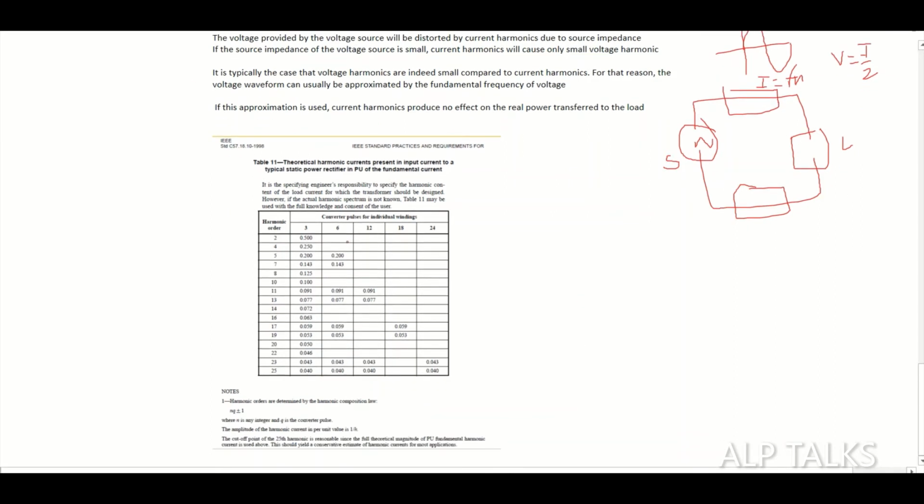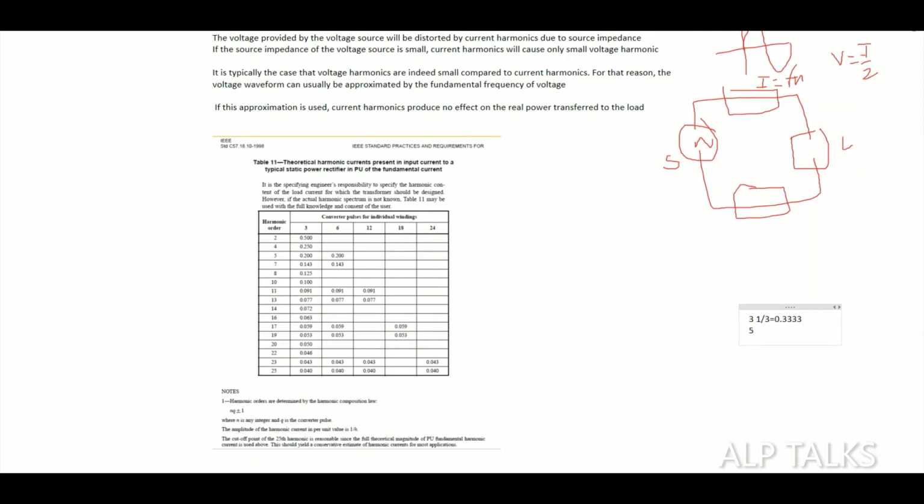In IEEE we have one standard format of different harmonics, what the harmonic profile will be. For example, without going into too much detail, what IEEE says is, if it is the third harmonic, the magnitude of the third harmonic can be one third of the fundamental.